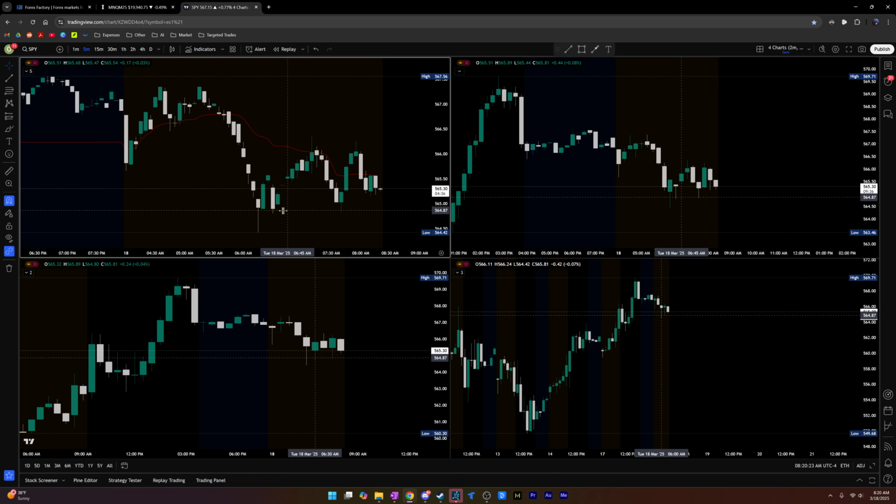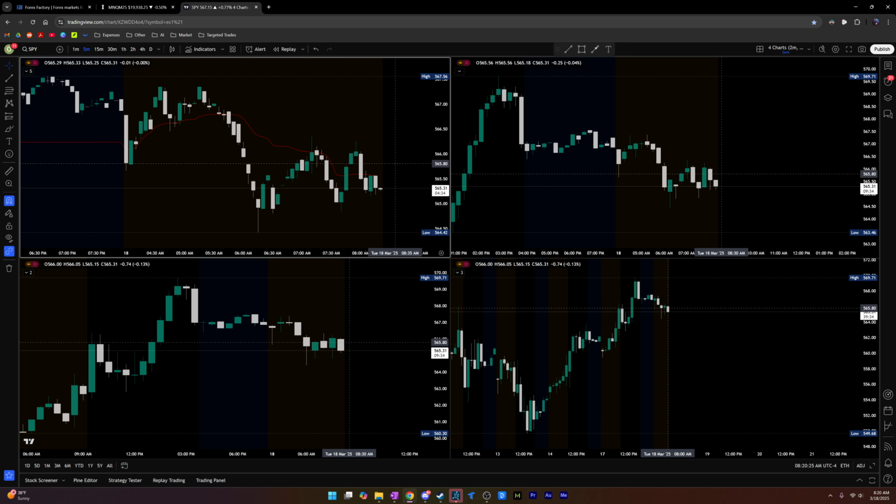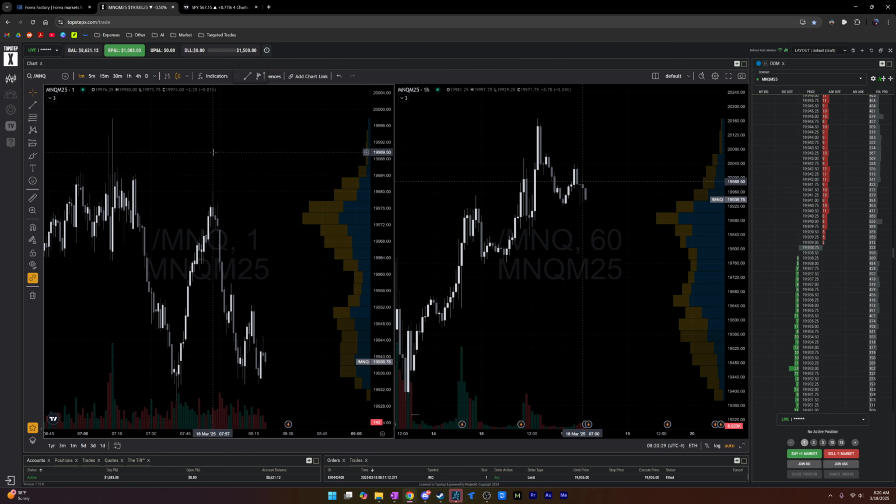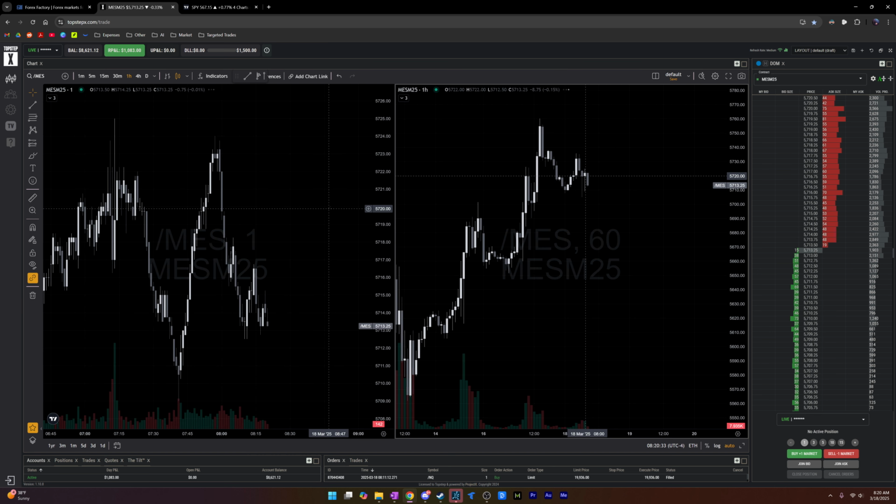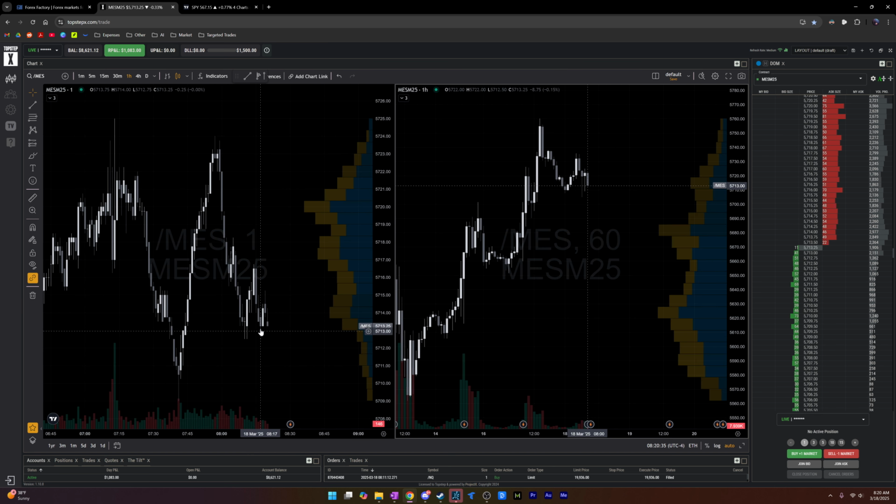On the 5-minute, it's very identical. So if you trade the Qs or SPY and want futures, do MNQ for QQQ and MES for SPY. Consider this like day trading or scalping the Qs or SPY, some of the biggest ETFs in the market, but you're doing it with futures.